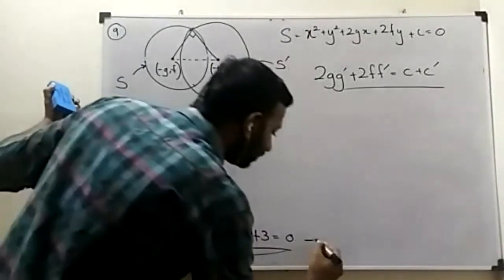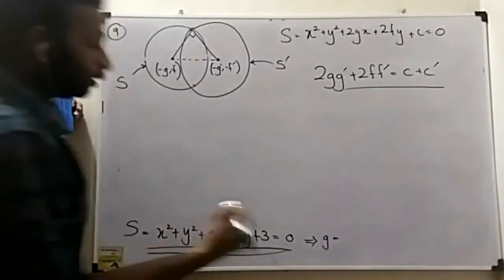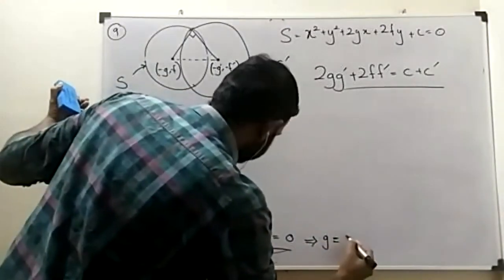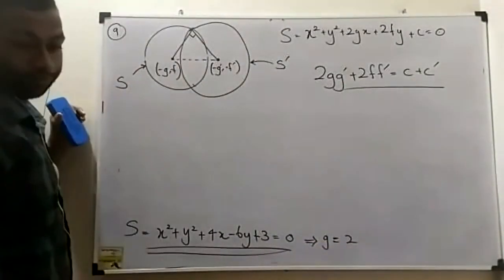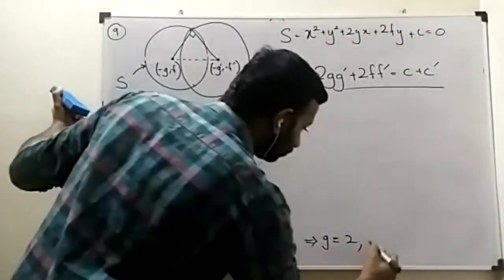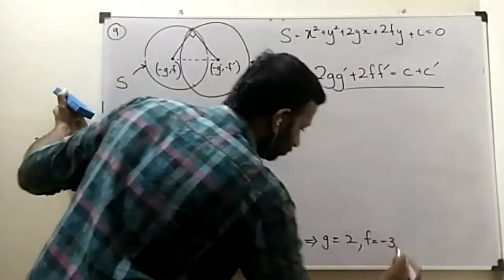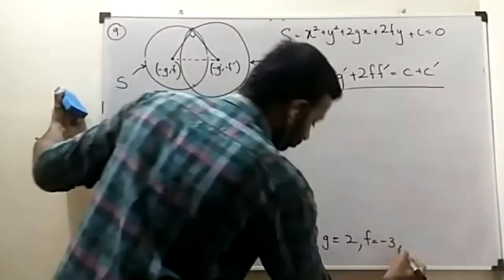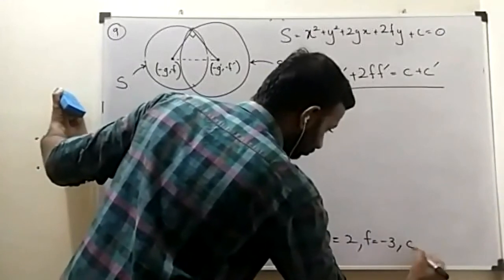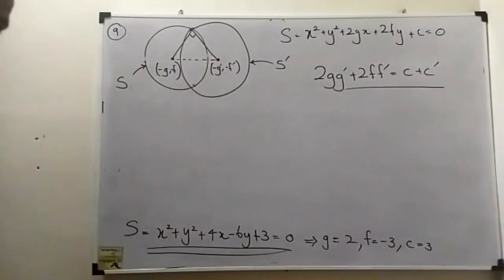So from this we can say g is equal to, just divided by 2, that is 2. Right? What is f? Also similarly divided by 2, so it is equal to minus 3. What is c? The next term, 3. So this is for the previous circle.